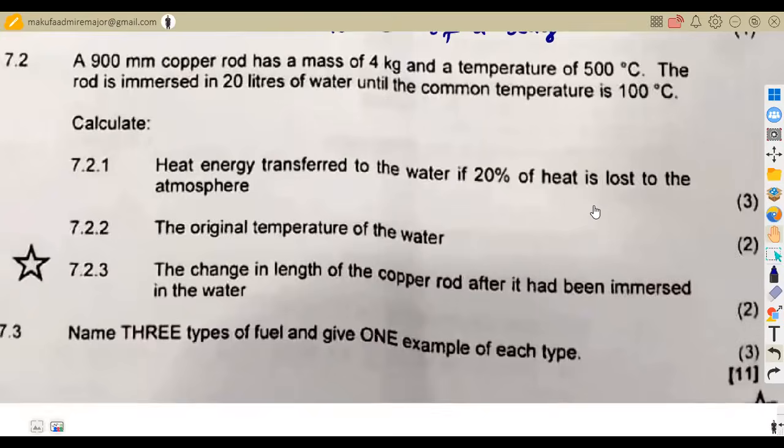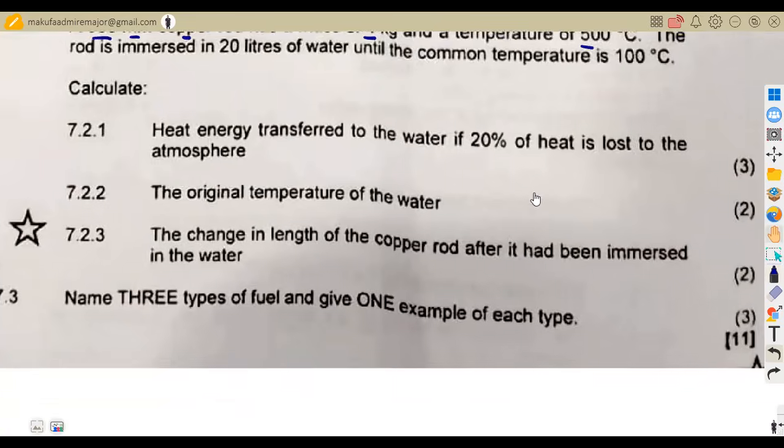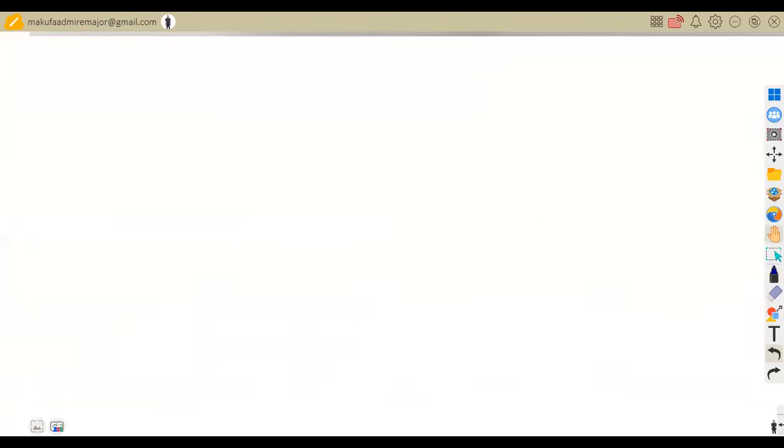It's going to depend on the information that you're given. On the other part, you're given a 900 millimeter copper rod with a mass of 4 kg and a temperature of 500 degrees Celsius. The rod is immersed in 20 liters of water until the common temperature is 100 degrees Celsius. So we have the part affecting the copper rod and the part affecting the water.